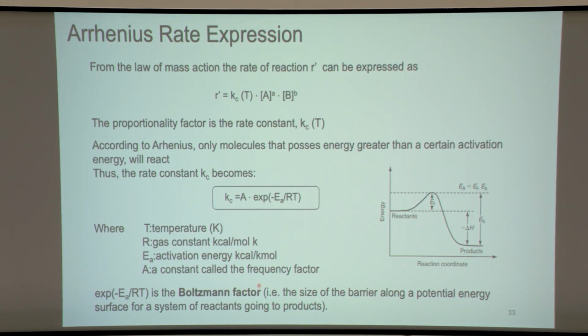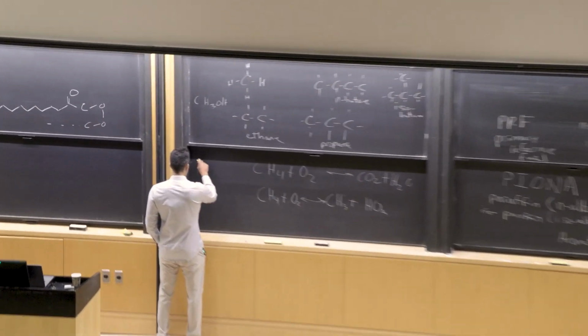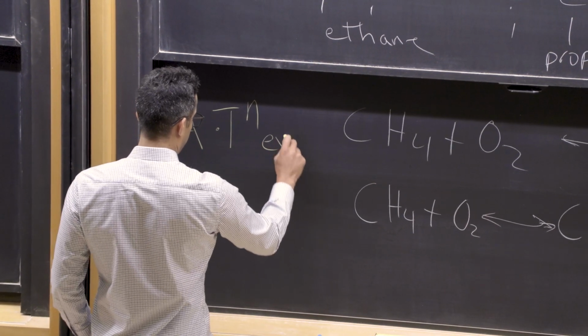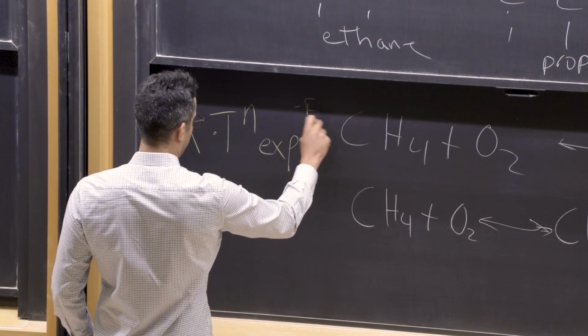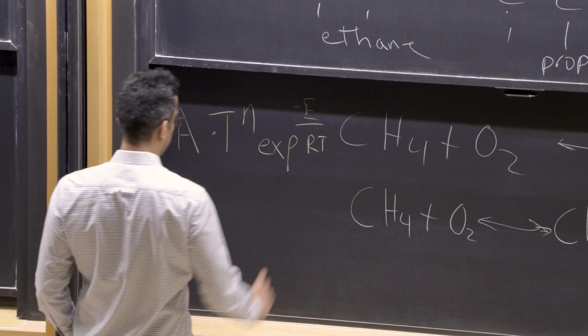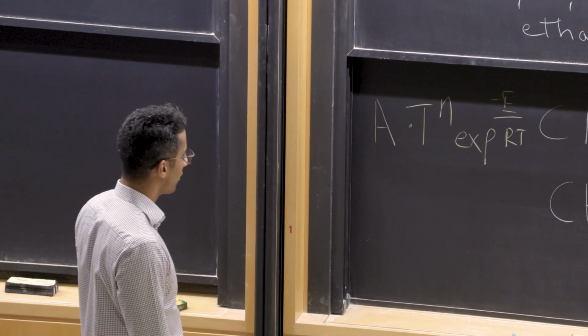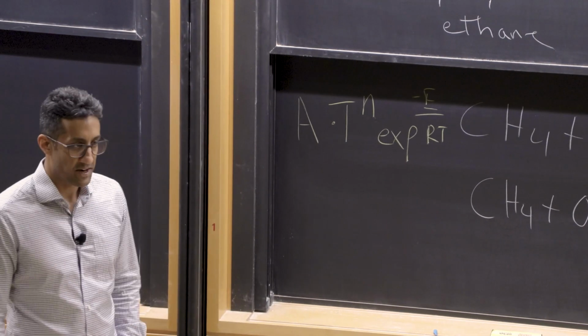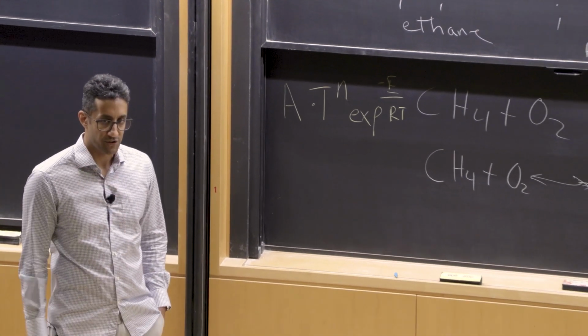Now, this is what we typically use, but when you start looking at kinetic models, we sometimes use a modified rate expression like this. It is simply a modified rate expression where we have three parameters to fit.